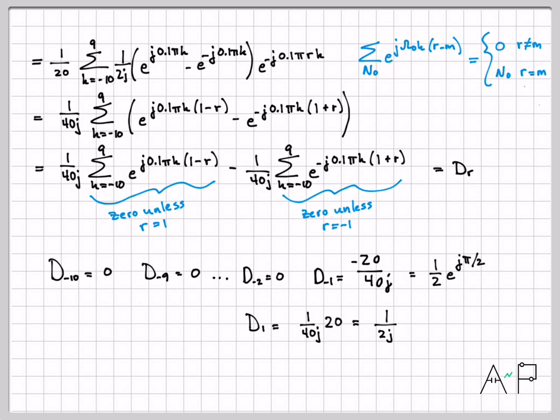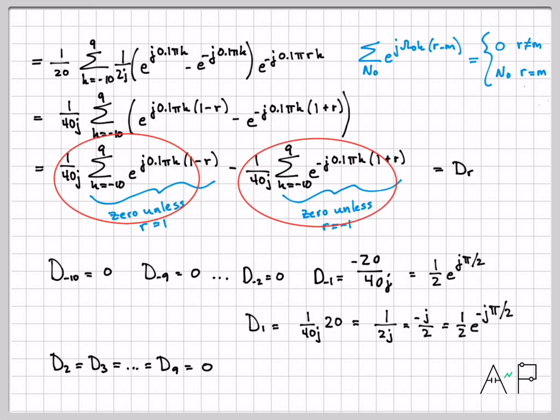I get -j over 2, which is equal to 1/2 e to the j pi over 2. I'm sorry, e to the minus j pi over 2. Negative j is down 90 degrees, so e to the minus j pi over 2. All right. And just for completeness, we can go ahead and list the rest of these, d of 2, d of 3, up to d of 9. As we go down the list, these are always 0, so we just get 0 for all those remaining terms.